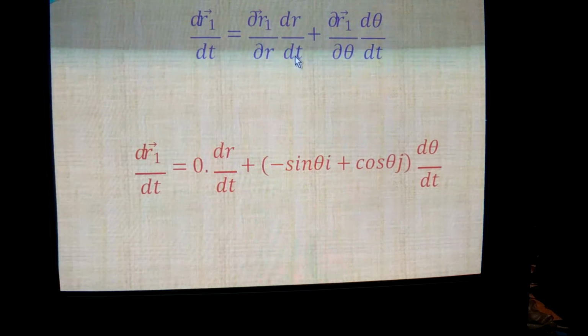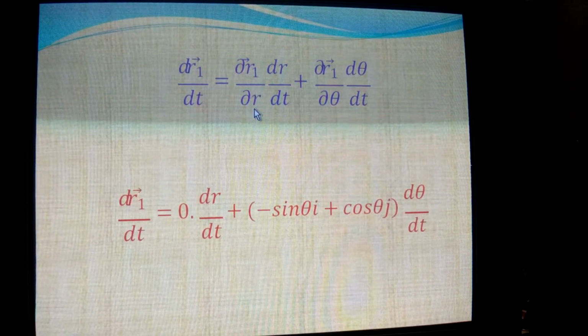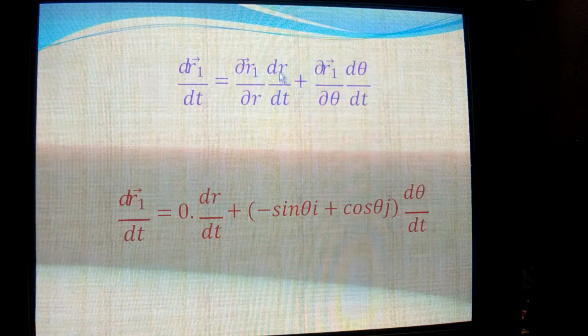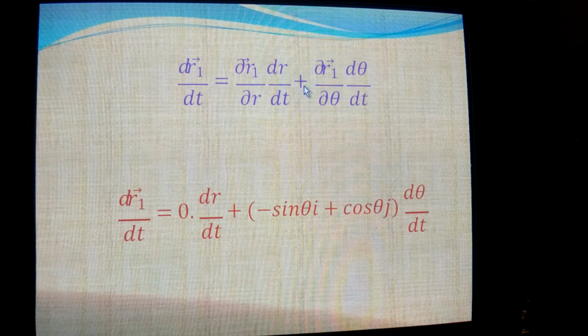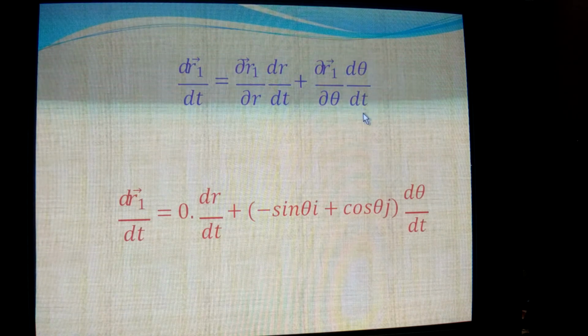first we differentiate r1 bar with respect to r: dou r1 bar by dou r, then dr by dt, then plus, since r1 bar is also a function of theta, dou r1 bar by dou theta into d theta by dt.